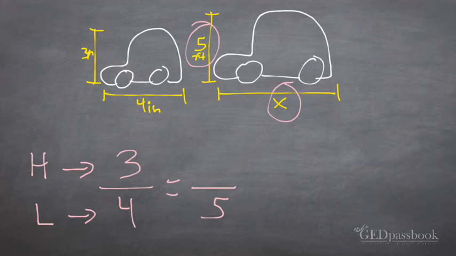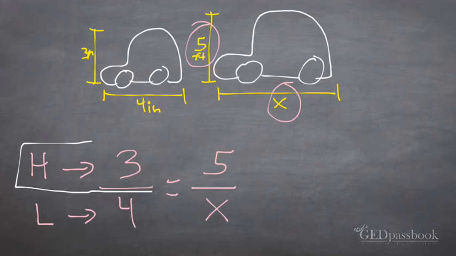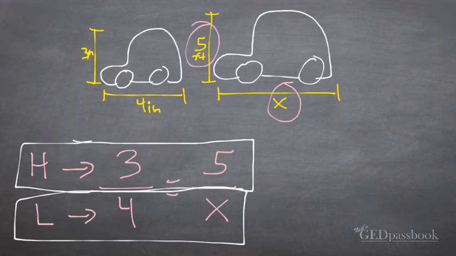So make sure you always have it correctly. There's a reason why I labeled this here. It's because the numerator part should all be matching. It should all be heights. And the one below should all be lengths.